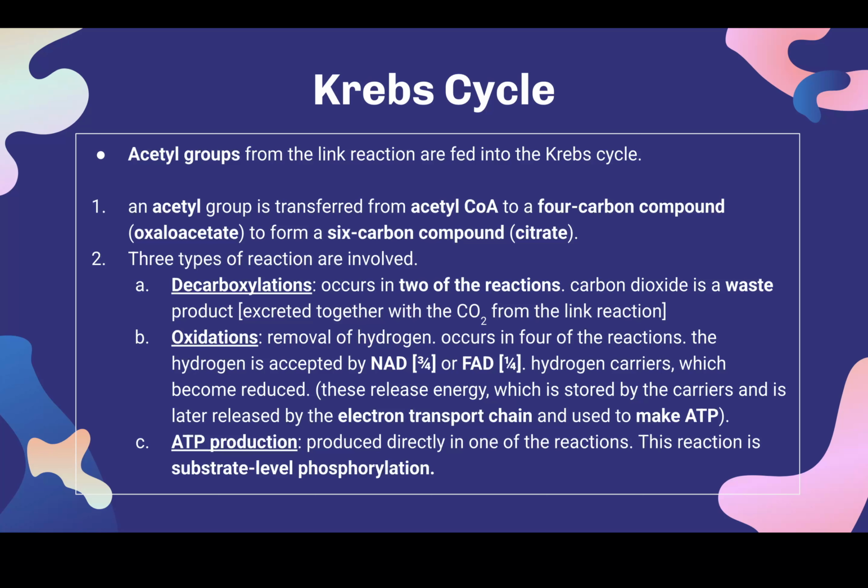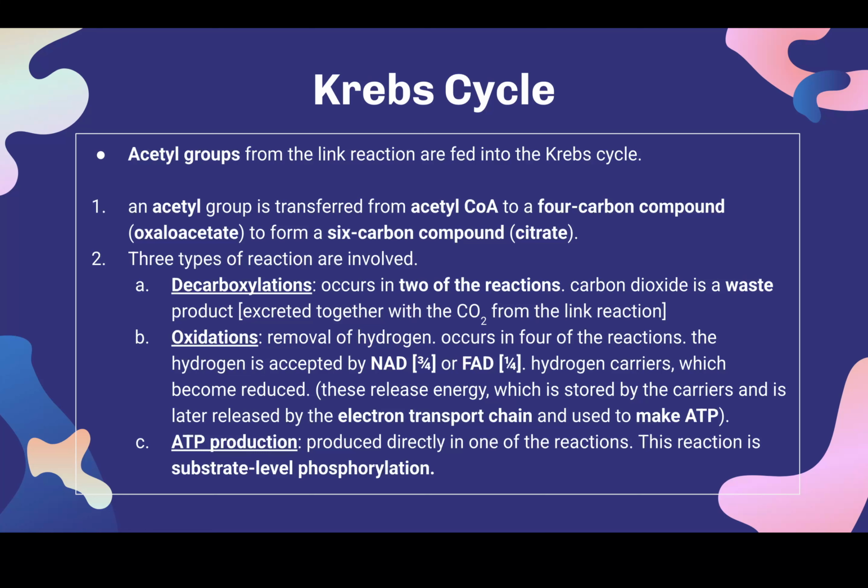Oxaloacetate. Yes, what I said. Oxaloacetate. There we go. That's a 4-carbon compound, and then the oxaloacetate and the acetyl group will combine to form citrate, which is again a 6-carbon compound.